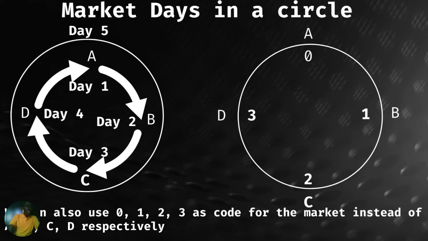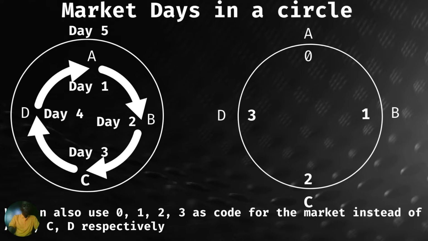Now, if we represent each of these days with the codes 0, 1, 2, and 3, you come to notice that if A represents the first market day, 1, and we count 4 times, the next time the market will be holding will still fall on the fifth day.